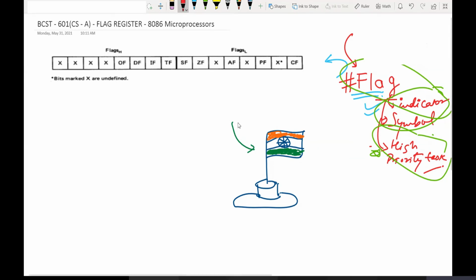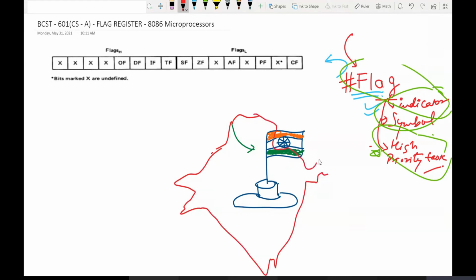Whatever territory we have, if this is a roughly made figure of India, then this flag belongs to this territory. This means that this whole boundary comes under this flag, the flag that belongs to India.